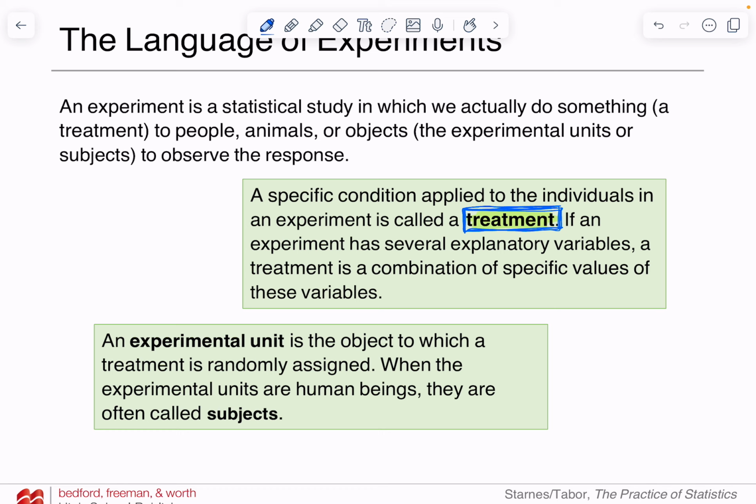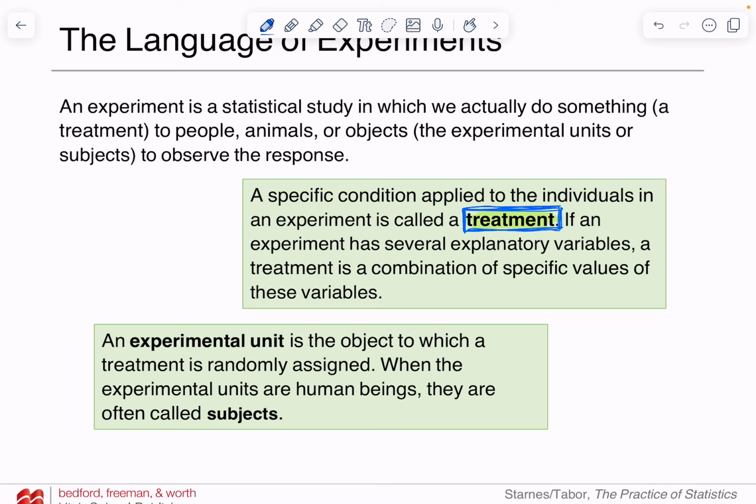If my experiment was about shirts and pants, then it would be the blue shirt with khaki pants and the blue shirt with jeans and the red shirt with khaki pants and the red shirt with jeans. Each combination would be a different treatment. Okay, so whatever it is you're giving people or making people do, each individual different thing is called the treatment.